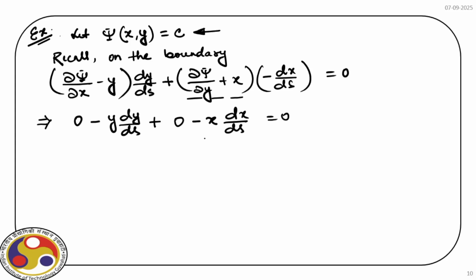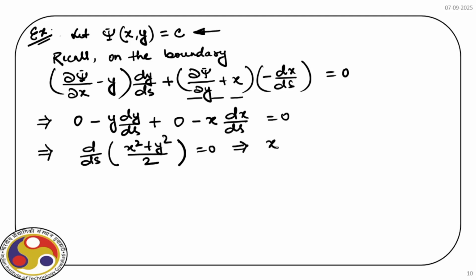This is equal to 0. So effectively what we get? We get d ds of (x square plus y square) by 2 is equal to 0. So x square plus y square is equal to constant. So this defines the boundary.